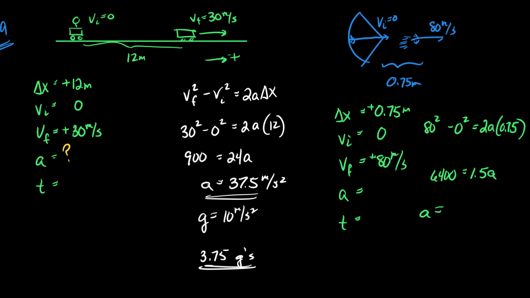So a is going to be 6,400 divided by 1.5, and I get 42.7. Is that right?